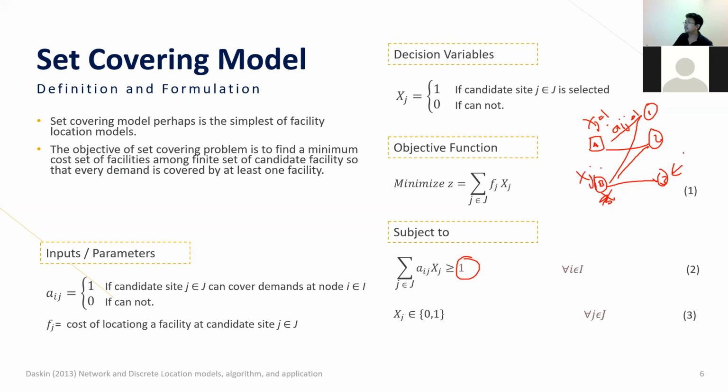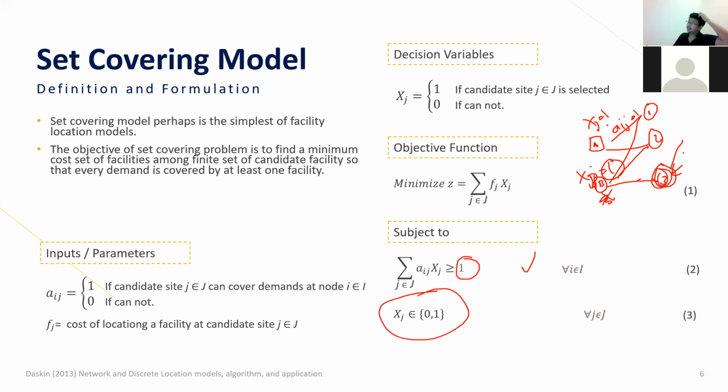So here Xb equal to 1 should be open to make sure when we check the demand node 3, it is covered by at least one facility. Okay, so that's constraint number 2.